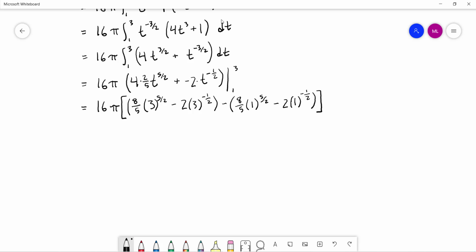Here's that big ugly number. Luckily these are easy, they're just 1, 1. So that's going to be relatively simple.